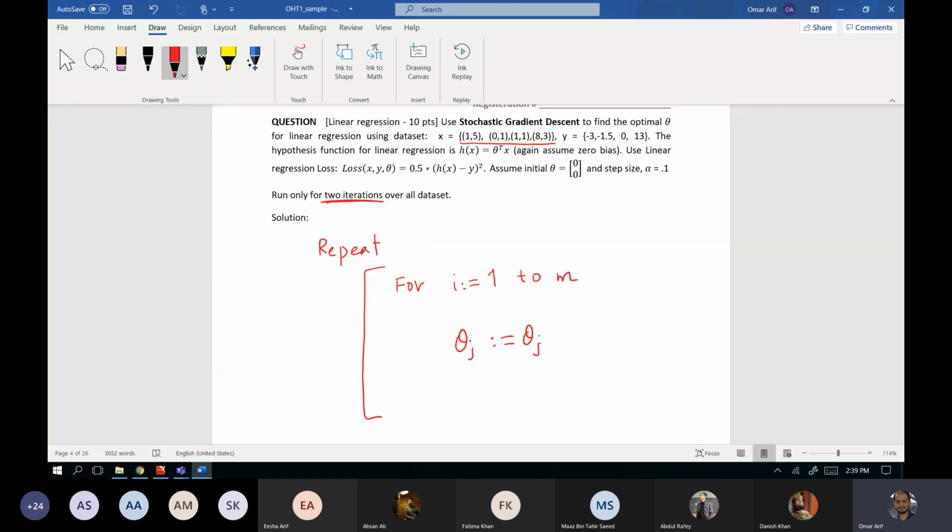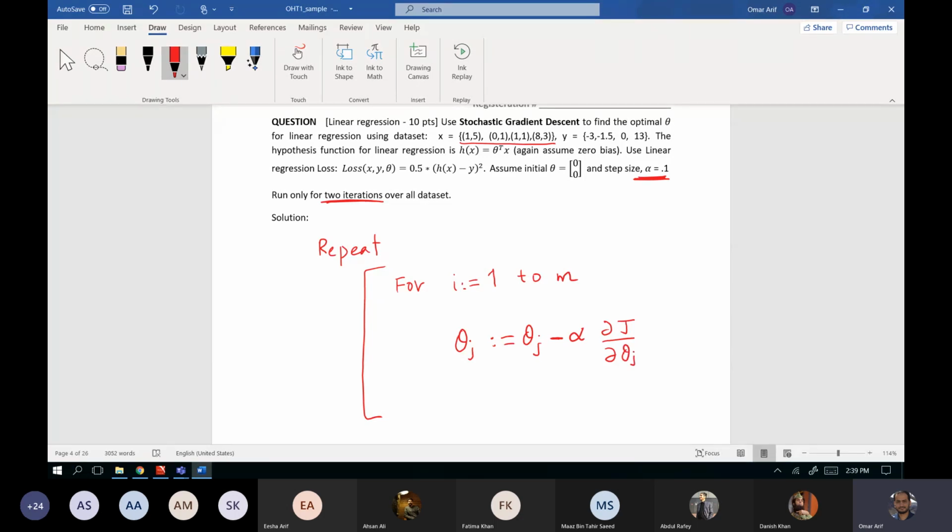So repeat this: theta j equals the old value of theta j minus the learning rate, which in this case is 0.1, times the gradient of the loss with respect to theta j.